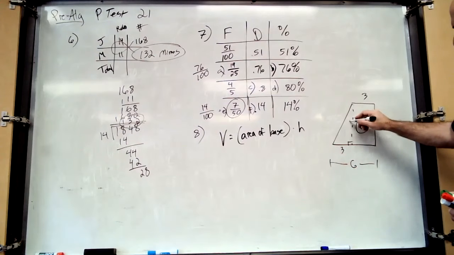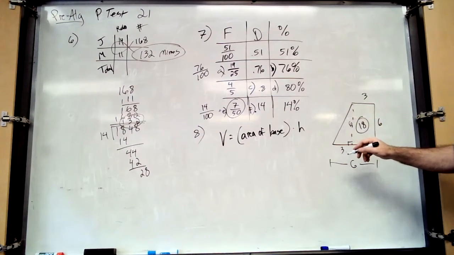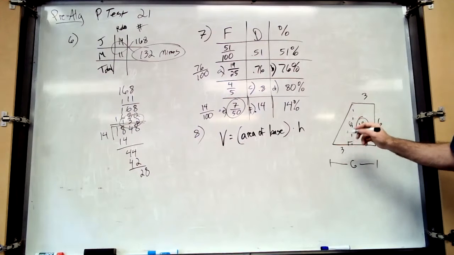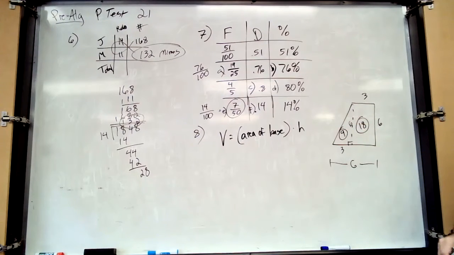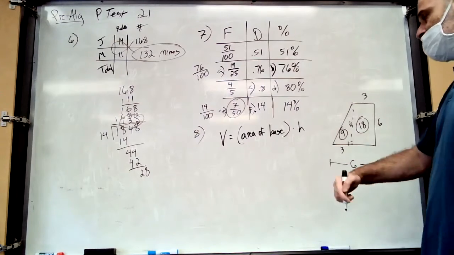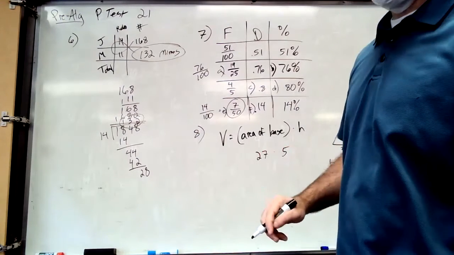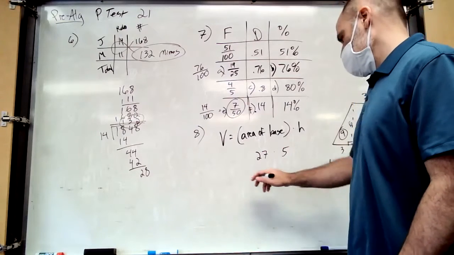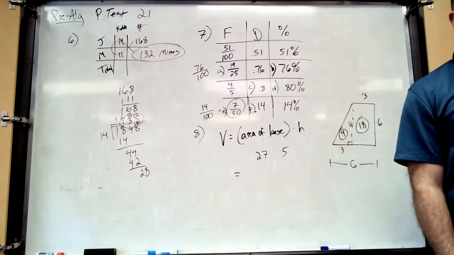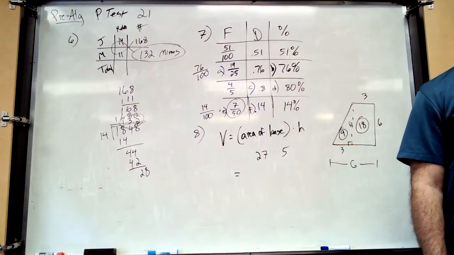So this is 6. So the area of that triangle is 1/2 base times height. So that's 9. Good. So what's the area of the base? 27. Just add them together. So 27 times 5. Right? Is that the height? Yeah. What's 27 times 10? 270. So what's half of 270?